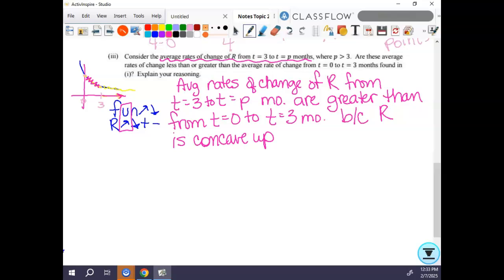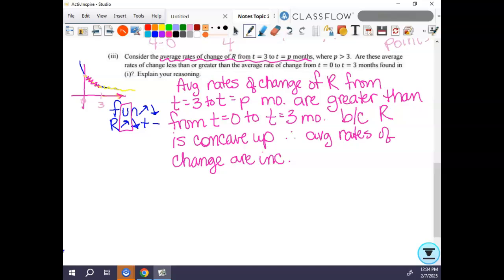Because R is concave up, therefore, average rates of change are increasing. Okay. What questions do you have?